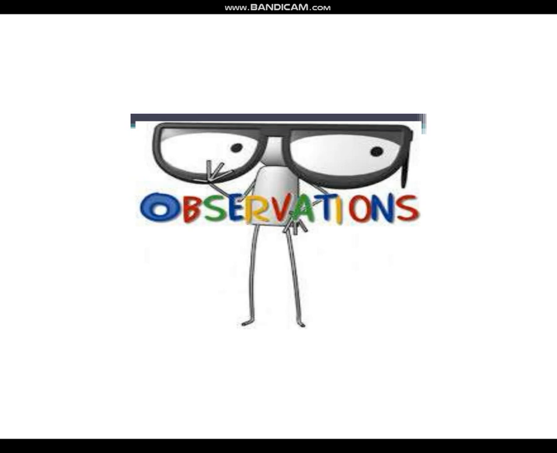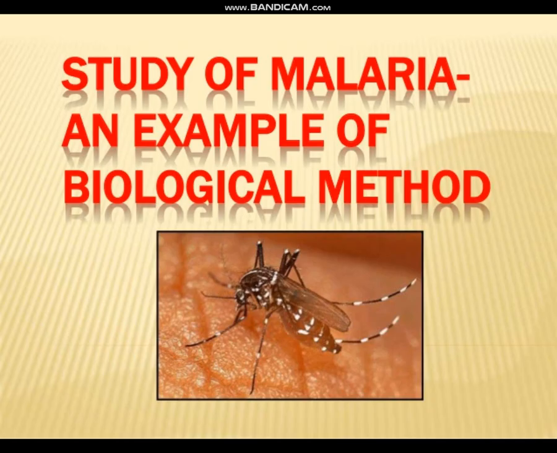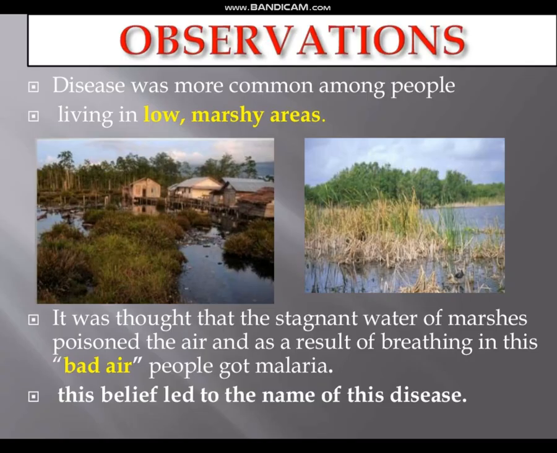So observation means to look at something. For example, if I take the case of malaria in a biological method, what will be my observation? My observation about malaria would be that the disease is most common in areas that are low and marshy.